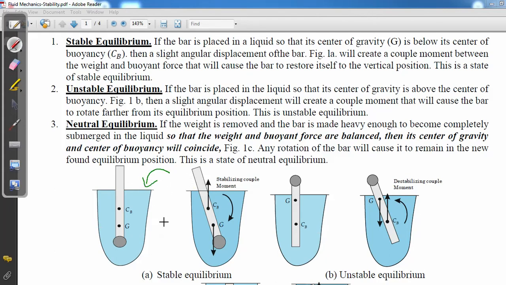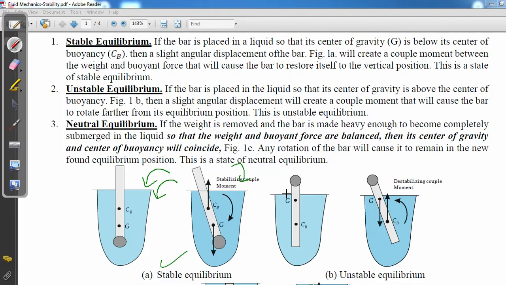So we will see what is happening. When we rotate this rod in this direction, G will act in the downward direction, that is mg weight, and center of buoyancy will act in the upward direction, and this is creating a couple, that is a stabilizing couple. So it will rotate again to its initial position. This is known as stable equilibrium.